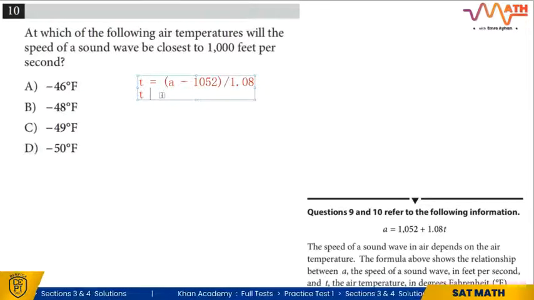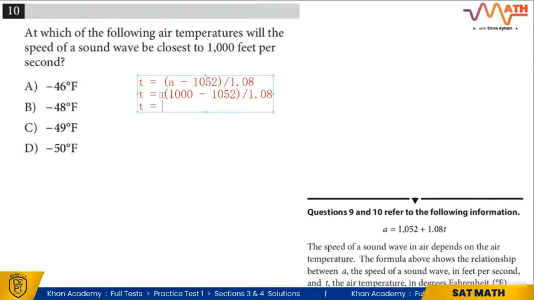Let's substitute A, which is given as 1000. So 1000 minus 1052, divided by 1.8. The answer will be minus 52 divided by 1.8, and the result will be closest to negative 48.